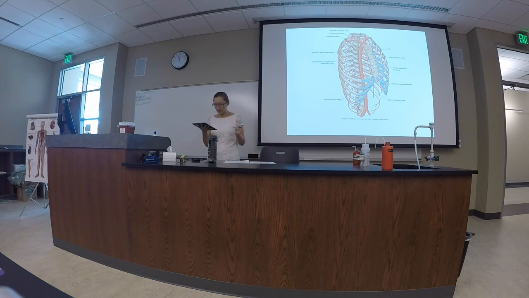So we have the posterior thoracic aorta, which supplies a lot of our posterior intercostal arteries. But at the top here, we have something a little different. So we have the two uppermost intercostal arteries actually are branch off of the subclavian artery.